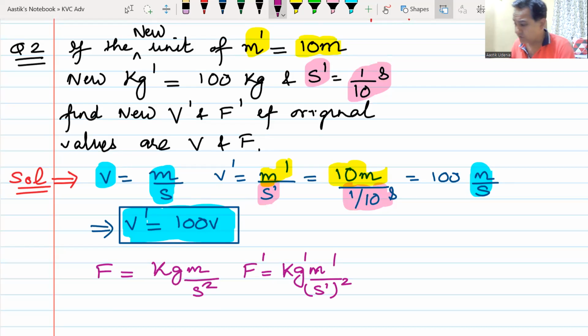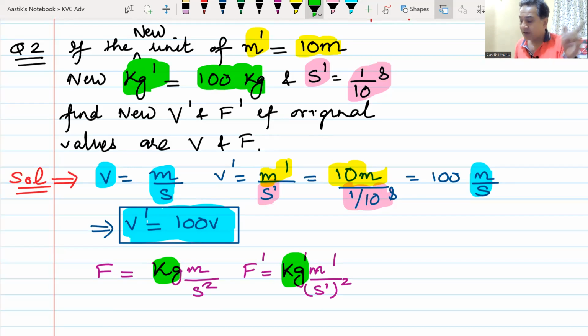I just need to substitute the values, my dear friend. Kg dash in green must be converted into kg. How am I going to do this? I know that the new kg dash is 100 times of kg. So I just write 100 here.